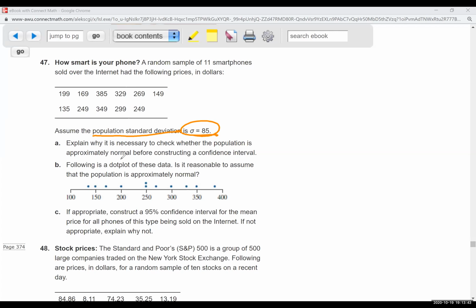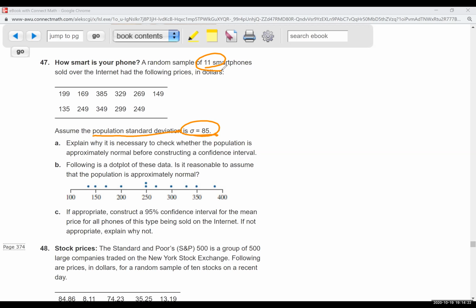Explain letter A: why it is necessary to check whether the population is approximately normal before constructing a confidence interval. Because your N is less than 30.